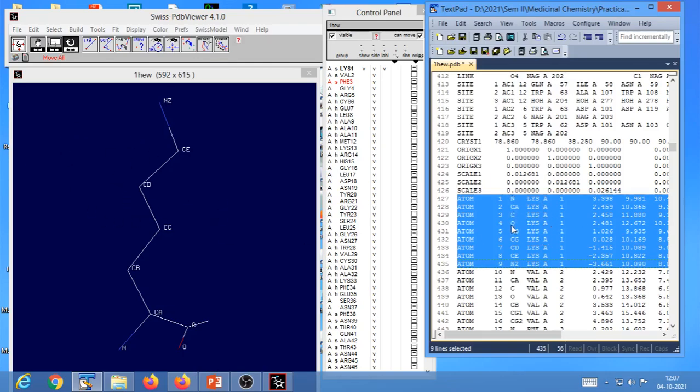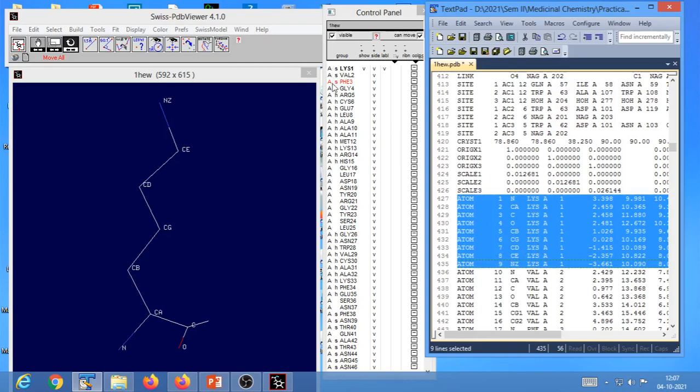After these atoms that are present in your first lysine group, the next column is for the 3-letter code for the amino acid. So this is lysine. The 3-letter code of lysine is LYS. The subsequent column will tell you in what chain this particular amino acid residue is present.